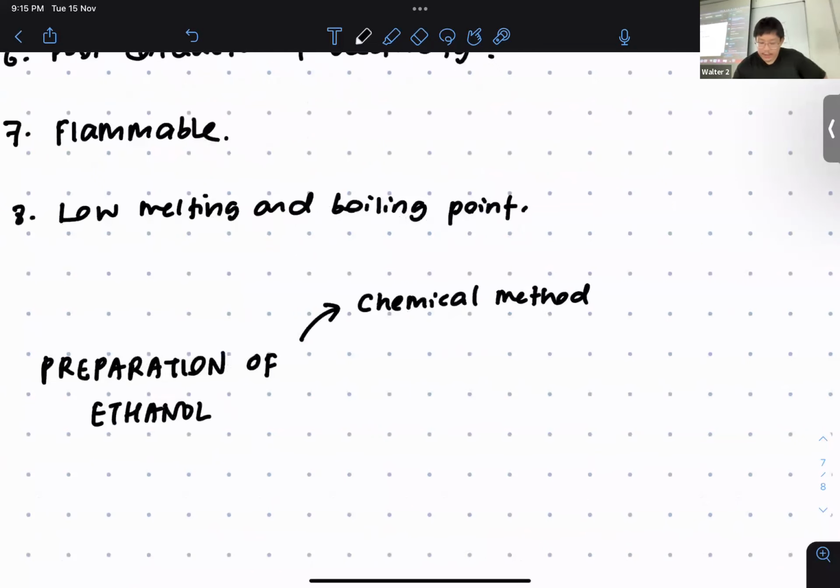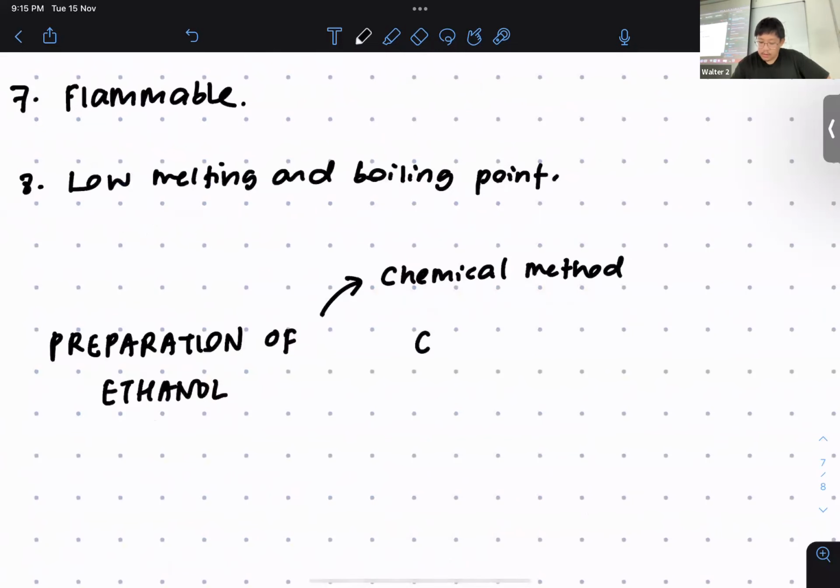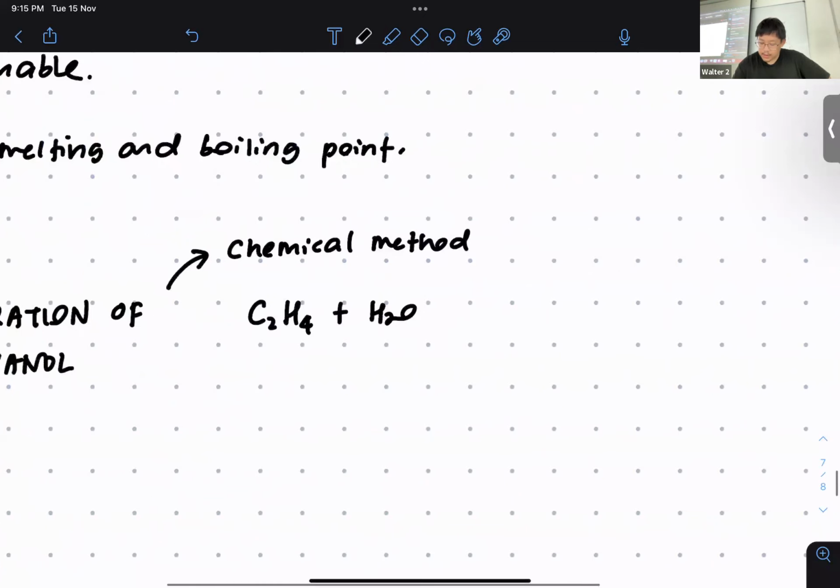We have technically ethene plus steam, to be able to get just ethanol.